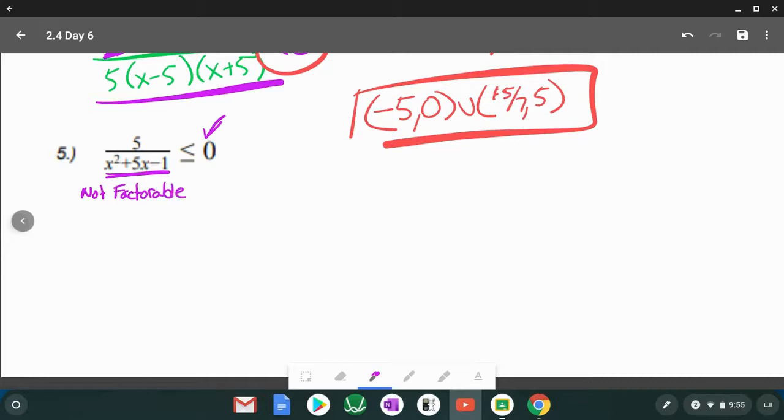So I mentioned it yesterday, but we didn't go through any problems in our notes yesterday where there was a quadratic that was unfactorable, but we do know that when we're finding the key numbers, those are the x values that are solved for the numerator and or denominator. So even though we can't factor it, we can solve this one using, that's right, the quadratic formula.